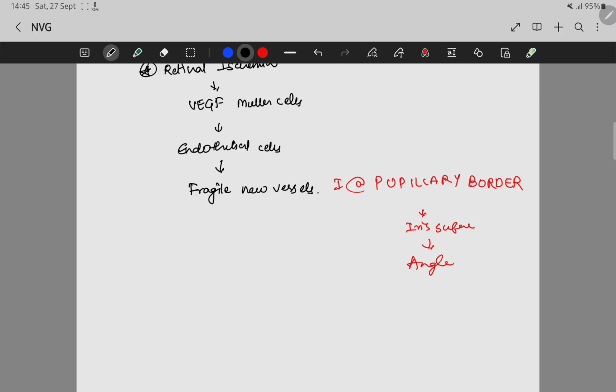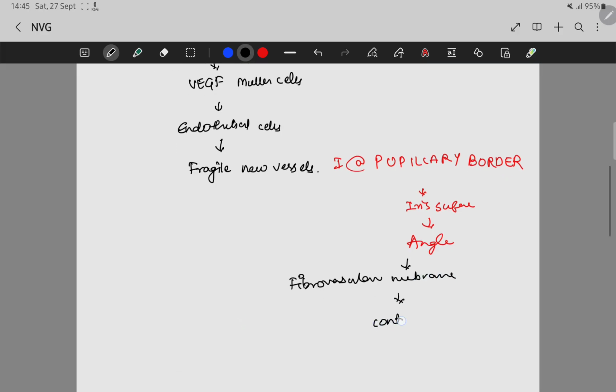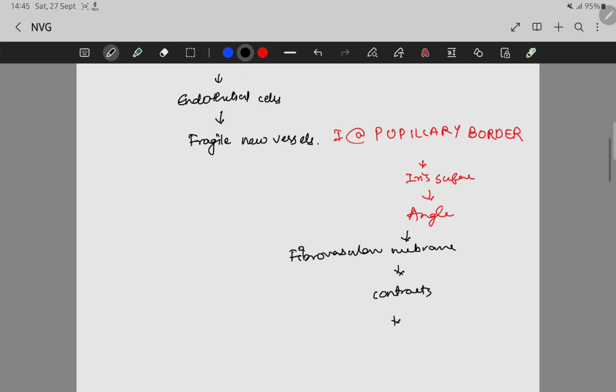In the angle, a fibrovascular membrane is formed. This membrane then contracts, leading to synechial angle closure.